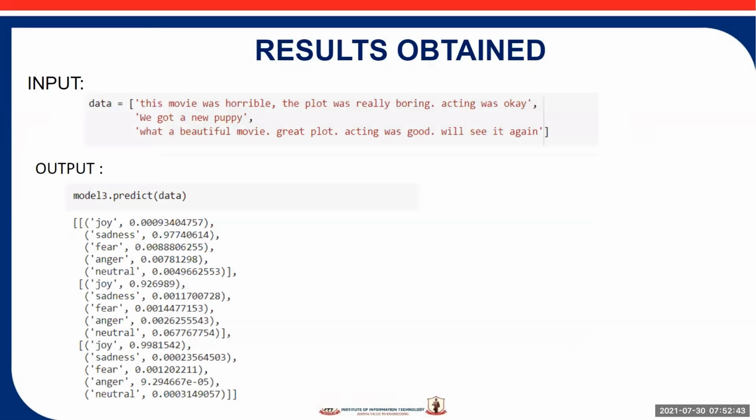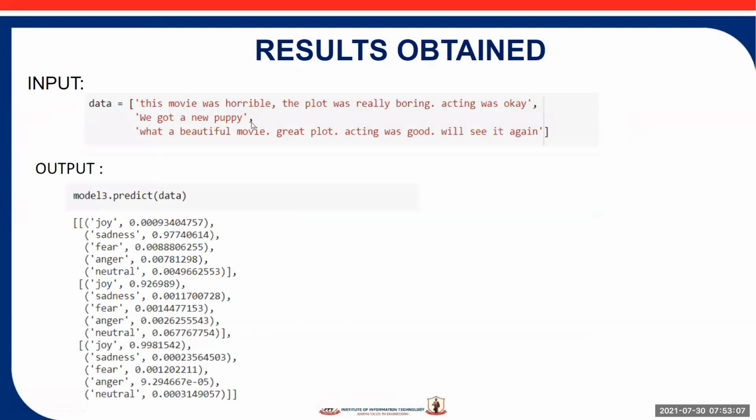Coming to the results obtained, as we can see, some input was provided to the model. For example, "This movie was horrible, the plot was really boring, and the acting was okay." The model predicted that the emotion is sad, that the user is not very happy with the movie. Now, the second sentence is "We got a new puppy."